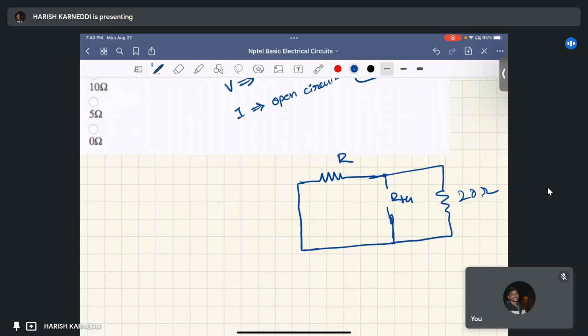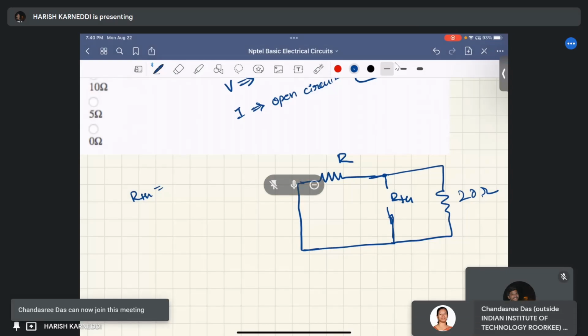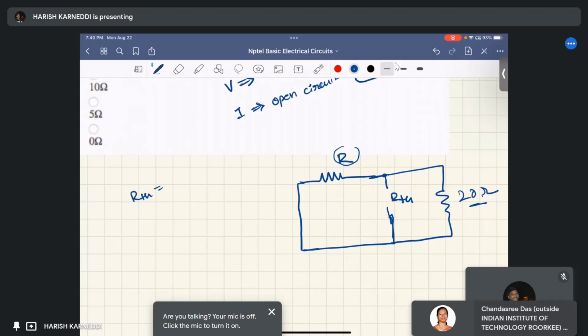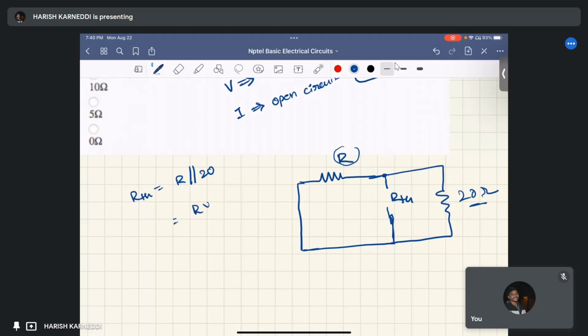RTH equals this R ohm resistor and this 20 ohm resistor connected in parallel, right? So the Thevenin's resistance RTH equals R parallel with 20 ohm, that equals R into 20 by R plus 20, right?